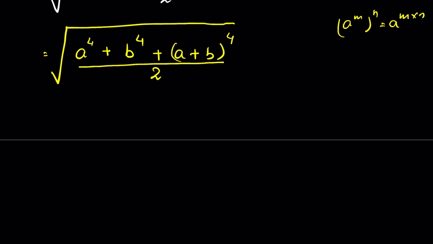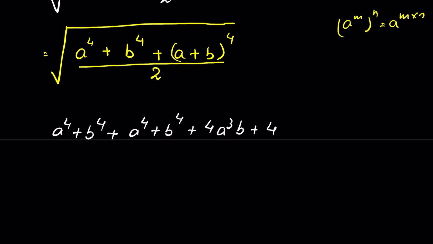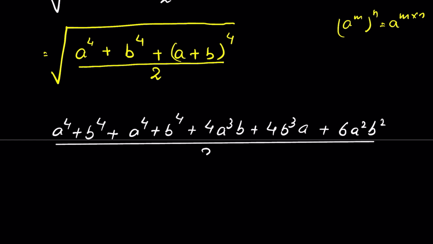So here we have a⁴ + b⁴ + (a + b)⁴. The formula here is a⁴ + b⁴ + a⁴ + 4a³b + 4b³a + 6a²b² + b⁴, upon 2, under square root.